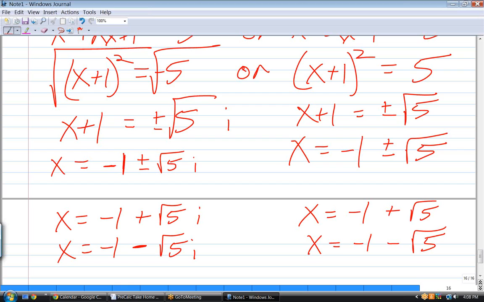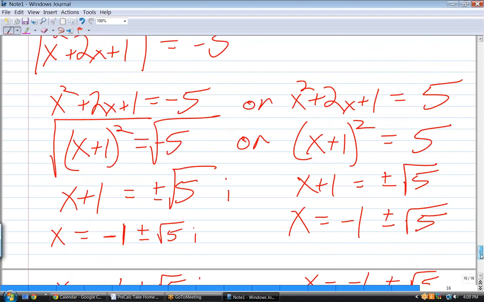It's just that because of the nature of this problem, where the quadratic they gave me was a perfect square, in other words, that was x plus 1 squared, I could use that technique. Had that been x squared plus 2x plus 2, I couldn't have used it because it's not a perfect square anymore. I would have had to use the quadratic formula.